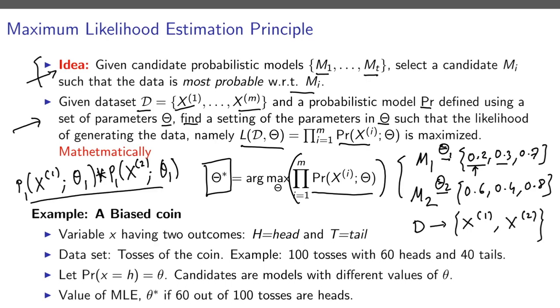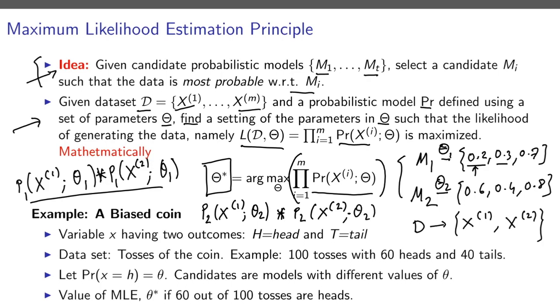Similarly, you compute the likelihood of the data according to model M2, which is P of x1 with respect to theta 2 times P of x2 with respect to theta 2.